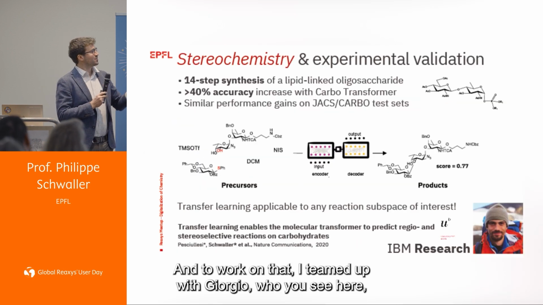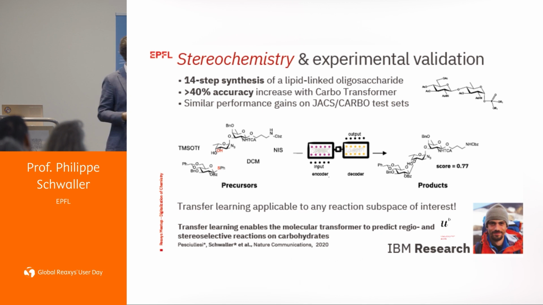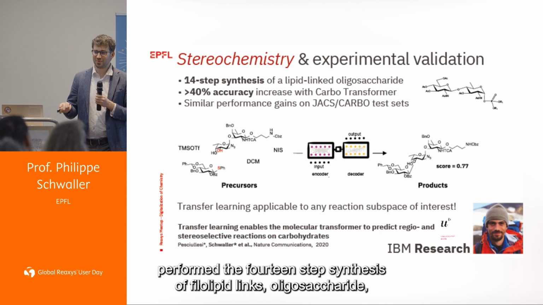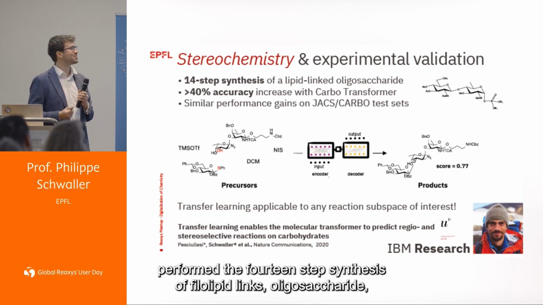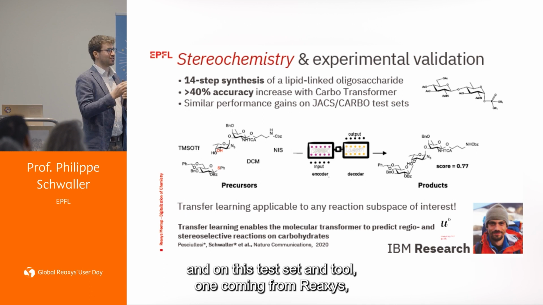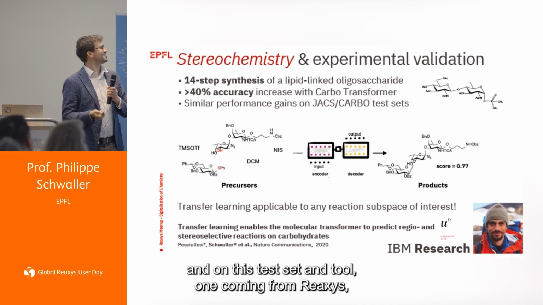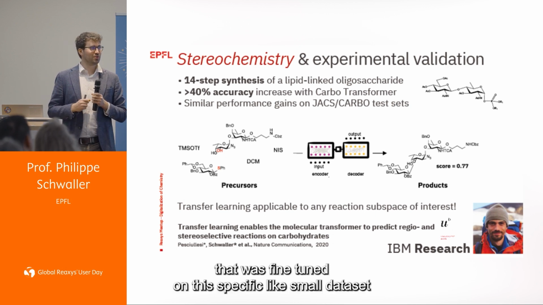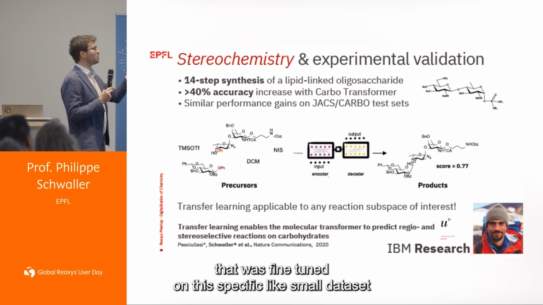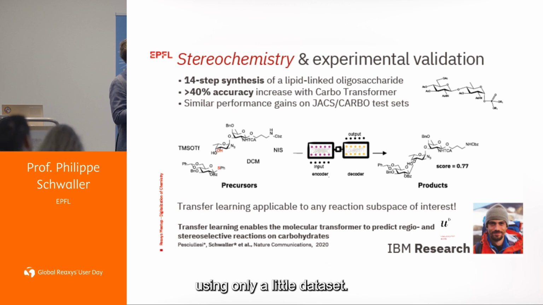And to work on that, I teamed up with Giorgio, who you see here, and he went to the lab, performed the 14-step synthesis of a lipid-linked oligosaccharide, and on this test set and two other test sets, one coming from Reaxys, we could basically show that our model that was fine-tuned on this specific small data set using transfer learning could actually perform much better using only a little data set.